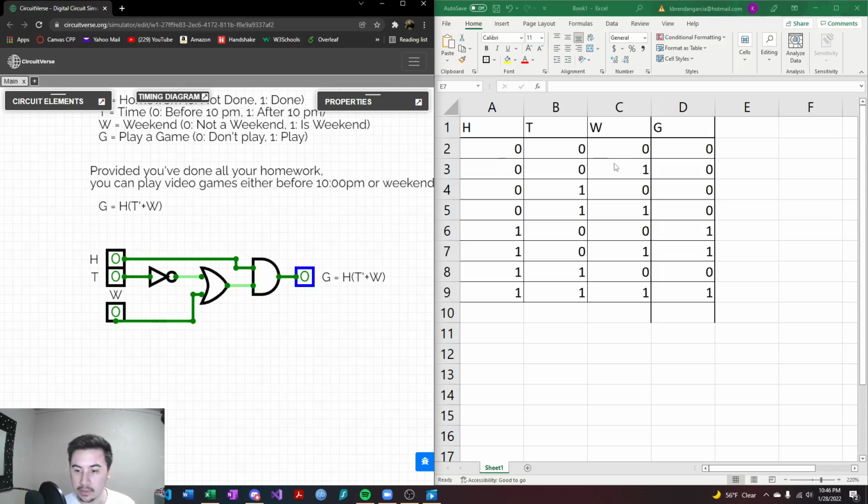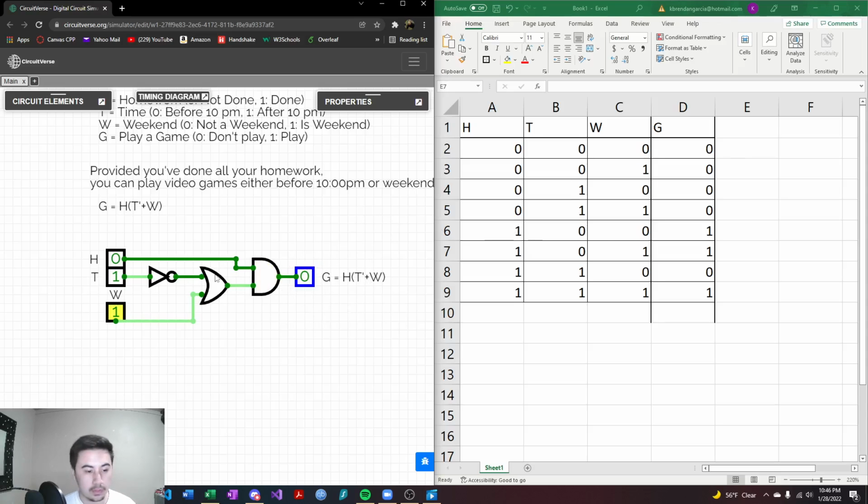Next we go 0, 0, 1, so we put a 1 there, and we notice that it's still 0, so it remains true to our truth table so far. Next values are 0, 1, 0. It's still 0. Next is 0, 1, 1. It's still 0.